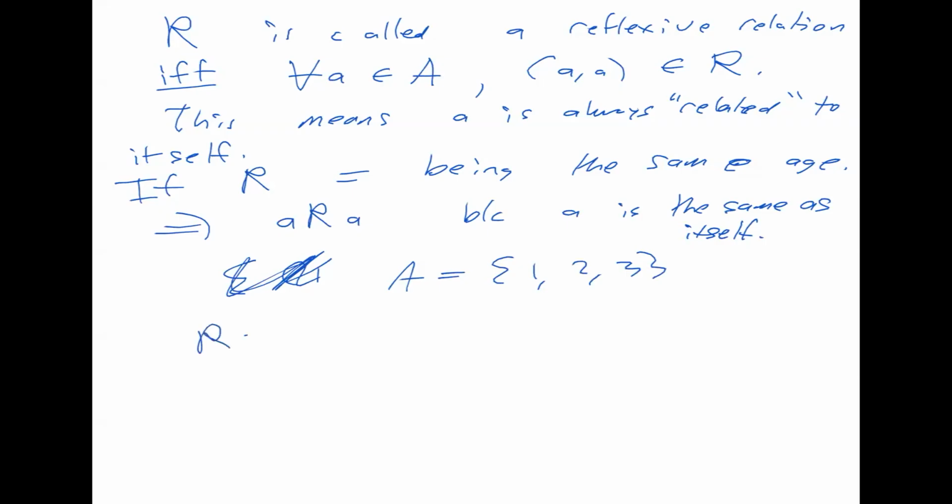Then if the relation is being the same age, you'd have to have player number one included in the relationship with themselves. One would be related to one, two would be related to two, and three would be related to three. That's totally for sure, even if you had no idea what their ages actually were. The only thing you know is player number one for sure is the same age as player number one. Player number two is the same age as themselves. Player number three is the same age as themselves, right?